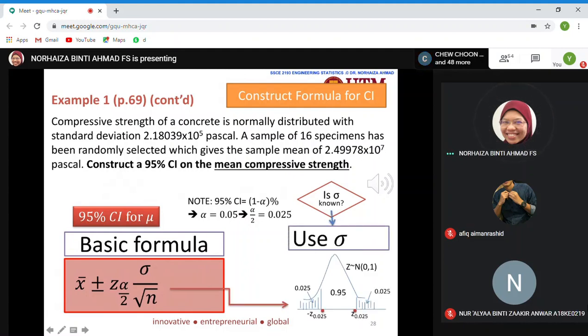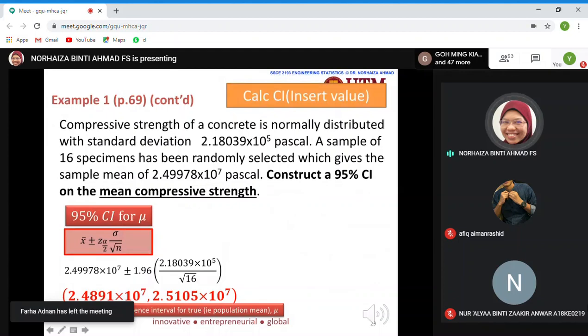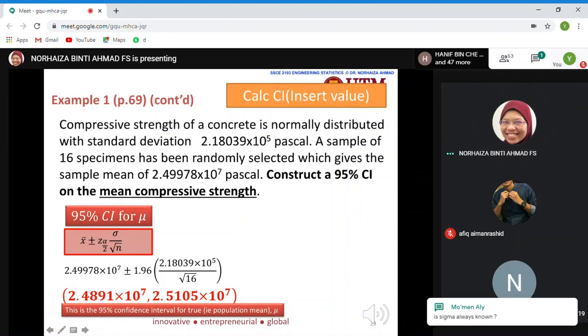Then just stop there, and this would be your diagram for the 0.95, and therefore the value for z alpha over 2, which you will get from Table 4. Table 4 gives you the value of z, and you will get a value of 1.96, and the rest follows: you just plug in the values that you have here, and you would get this interval.